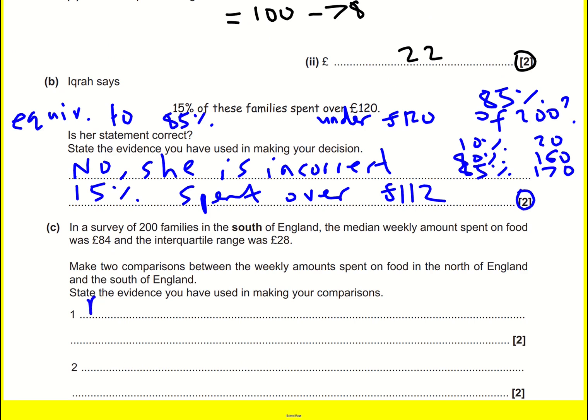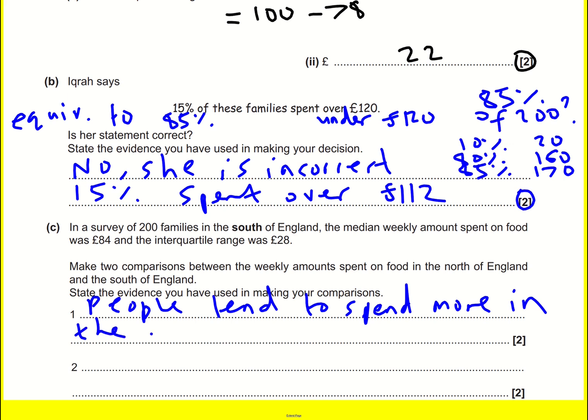So people tend to spend more in the north. And we need to give evidence, so higher median, 90 instead of 84. Okay, so that's one thing to compare.